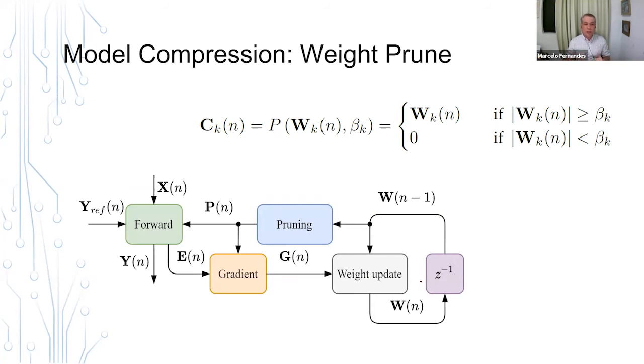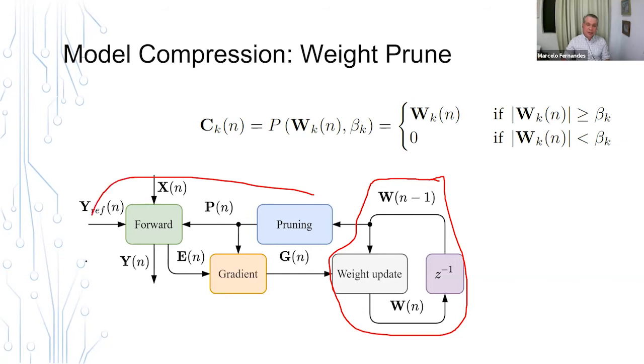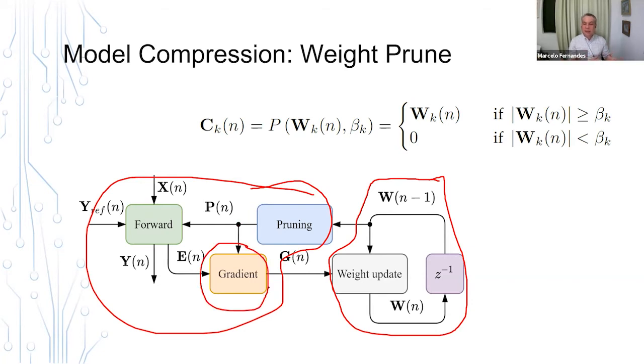The idea is similar to the quantization. You don't have pruning in this part, only in the inference part, but you get the gradient calculation from the pruned values, and you apply the weight update.